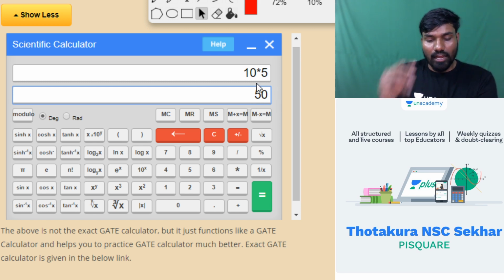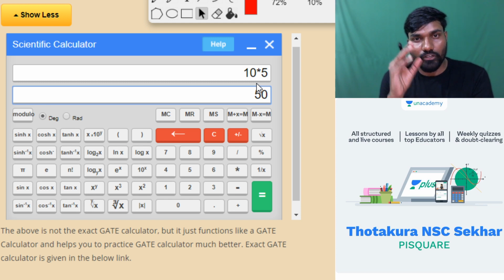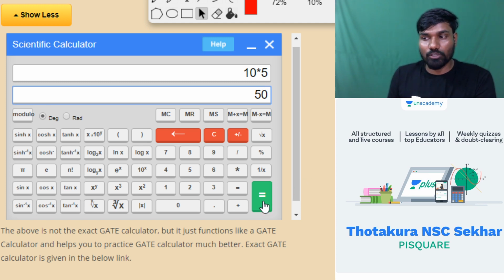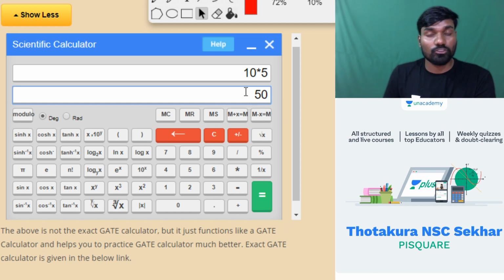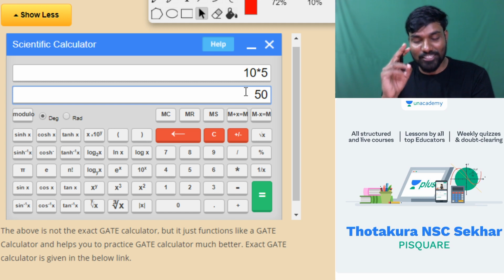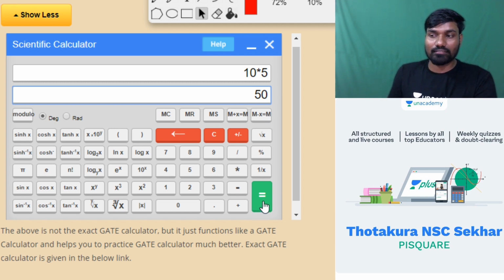I always recommend you press equal to at least twice. That will reduce the error. I know my students face a problem here. Everybody knows the problems, but nobody has the solution. The solution is to click this twice so that you get the final result.